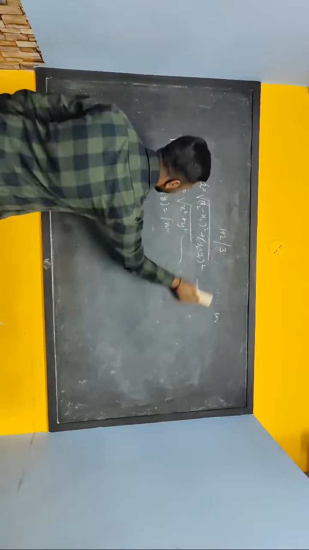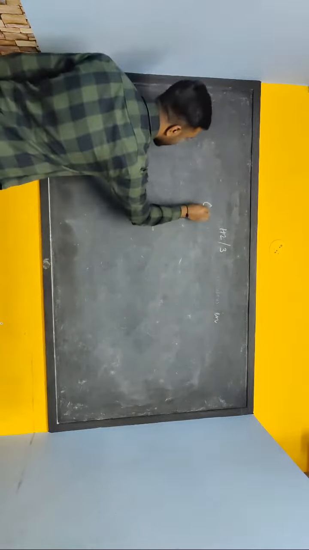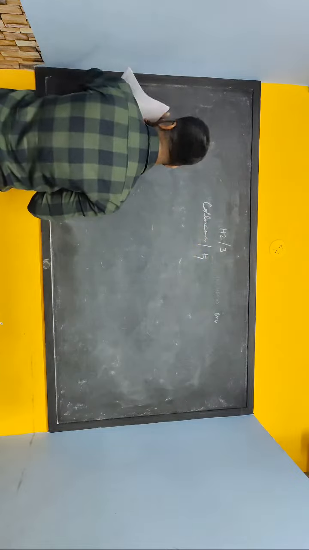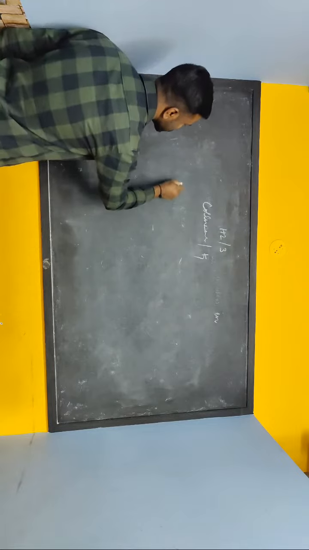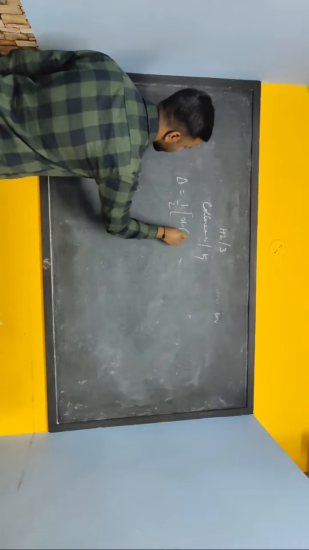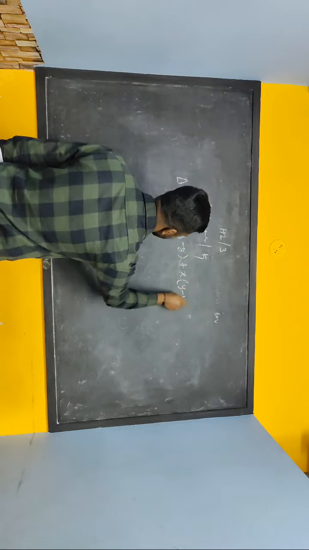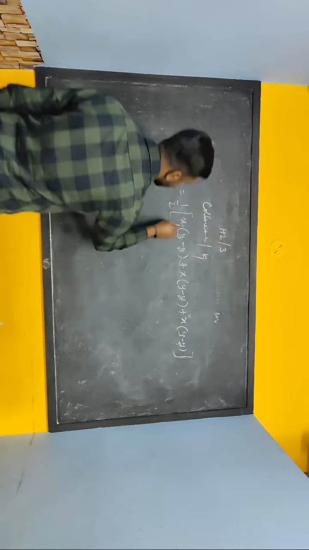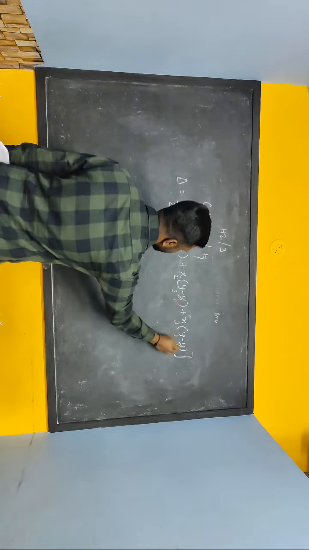Next, finding the area of a triangle for 3 marks is based on collinearity. For the concept of collinear points, they will ask you to find the value of k, which will be asked for 3 marks. Area of triangle equals half into x1, y1, x2, y2, x3, y3, x1, y1.